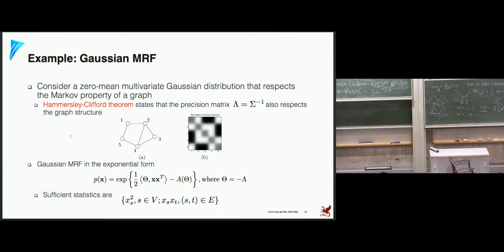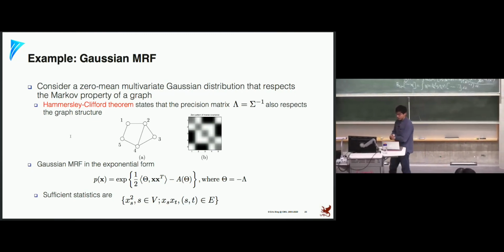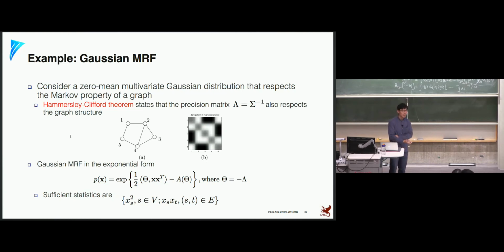And in the homework, we proved that the sparsity pattern of the inverse covariance matrix, under the Gaussianity assumption, represents the conditional independence within the distribution, right? That, along with the Hammersley-Clifford theorem, says the distribution should factorize over the graph represented by the inverse covariance matrix. If we write the density in exponential form, it's just going to be some exponential of the big theta matrix multiplied by XX transpose.